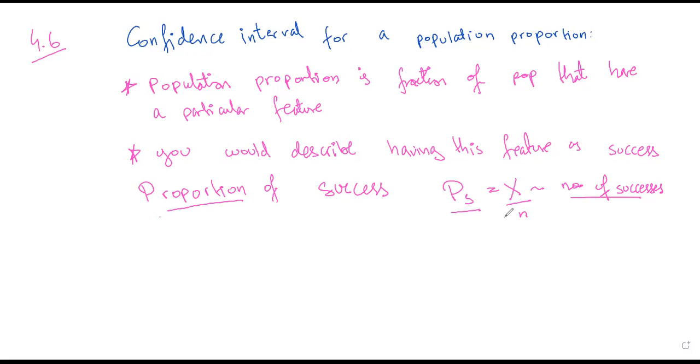So this proportion is basically probability. Just know that proportion of success is written like this, a fraction where you have x by n. You'll get to know everything, don't worry.